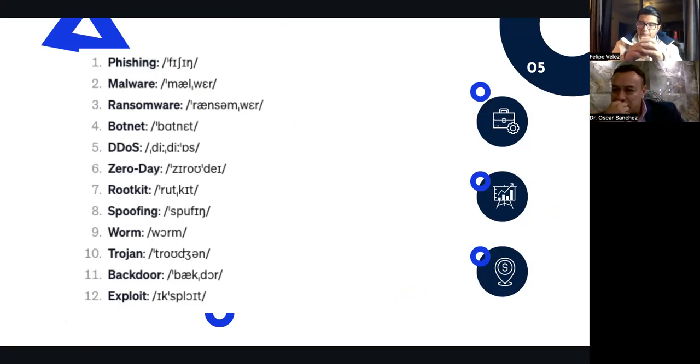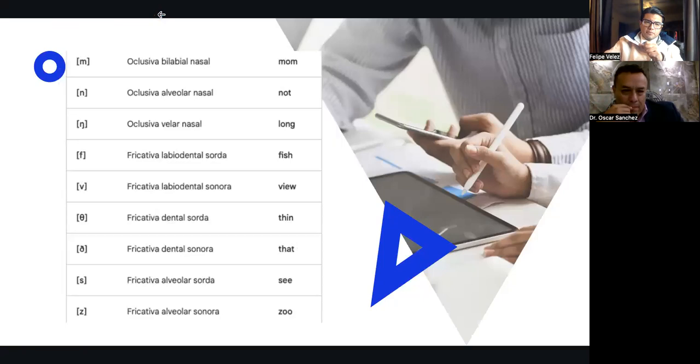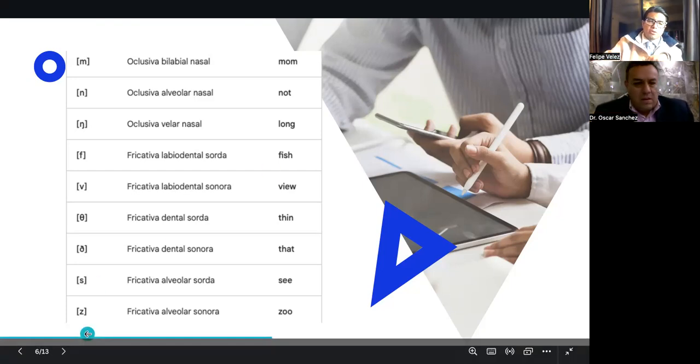Please repeat. Here we have a fish. Fish. But you keep the sound. So we say fish. Again, fish. In English, especially American English, cybersecurity terms are different in pronunciation.